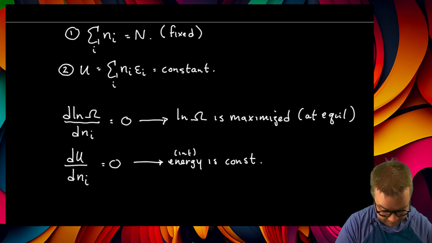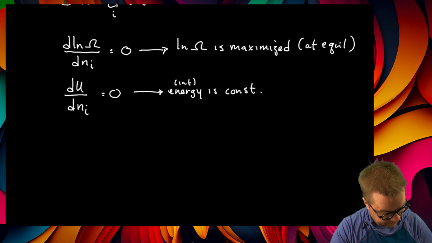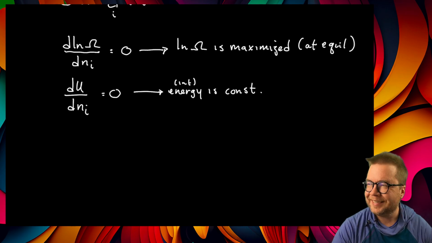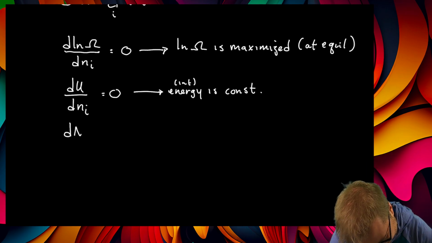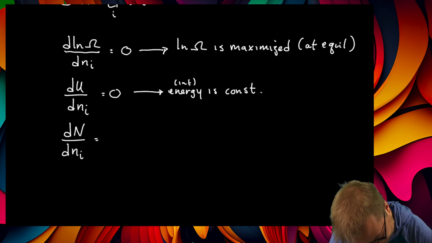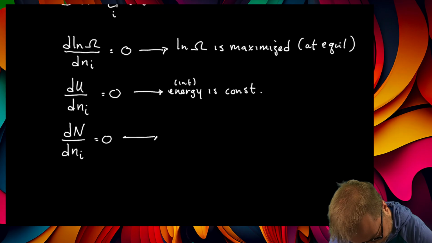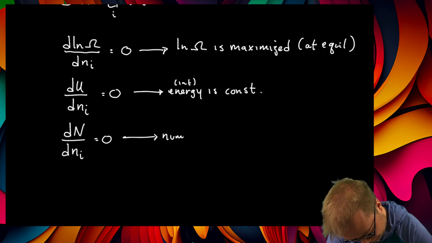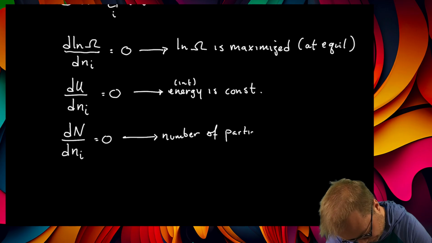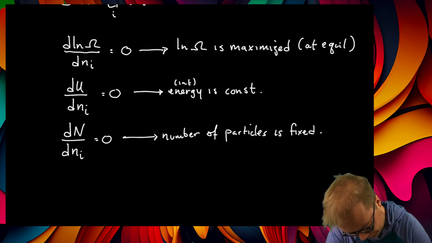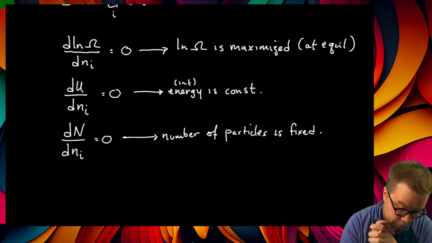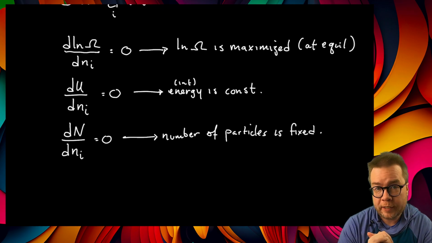And then finally, the derivative of n with respect to n_i is equal to 0, which is telling us that the number of particles is fixed. All right, so those are our three conditions. And again, we're going to use these conditions to figure out what is n sub i.